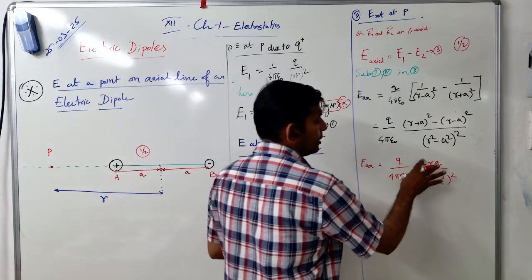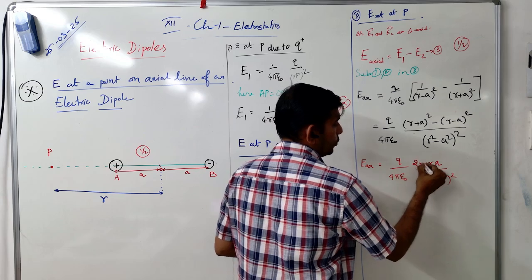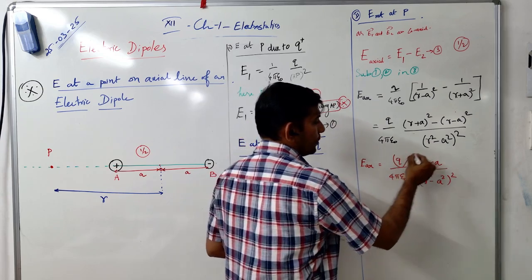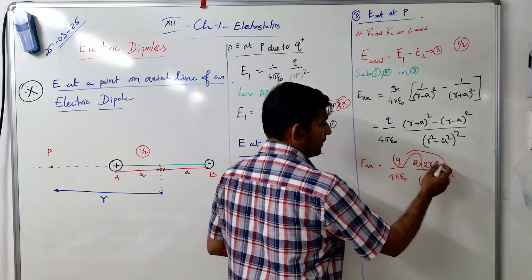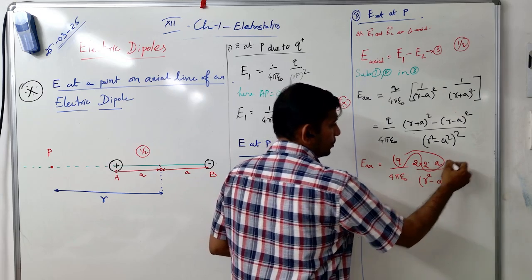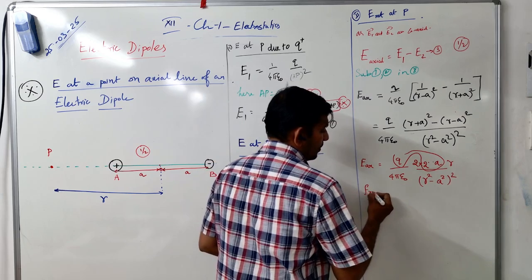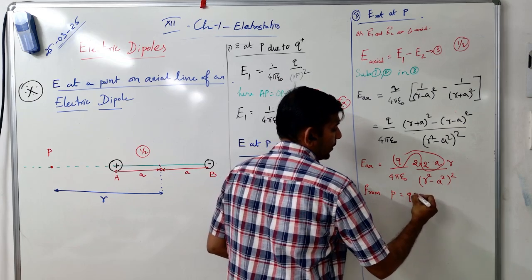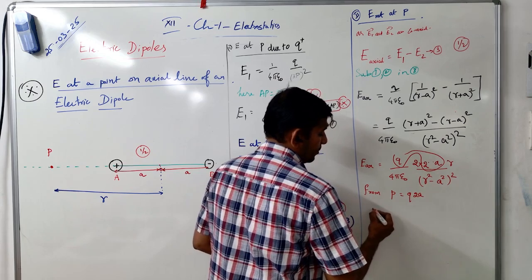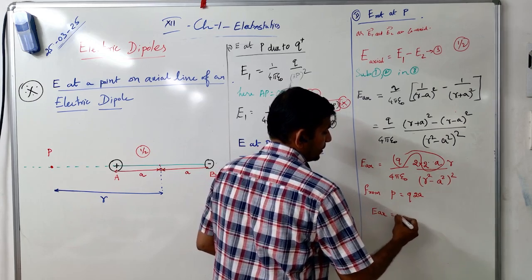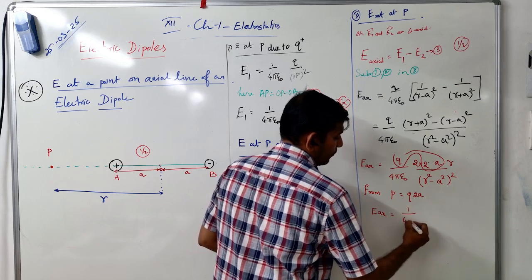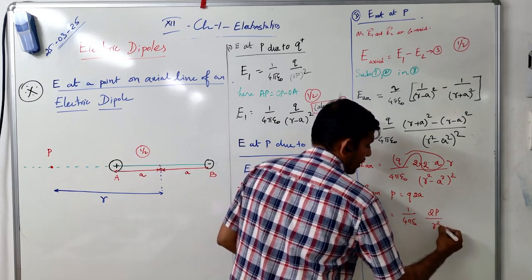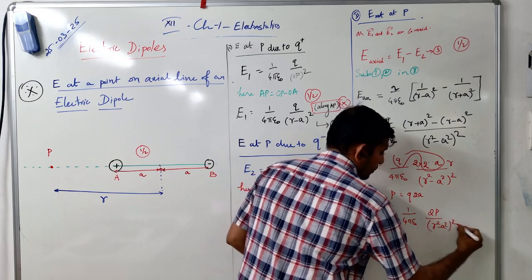Now I'm going to rewrite this 4 as 2 into 2. So if I take 2Q into a outside, from the dipole moment p equal to Q into 2a, I can write this equation: E on the axial line is equal to 1 by 4 pi epsilon naught into 2p divided by r squared minus a squared whole squared.